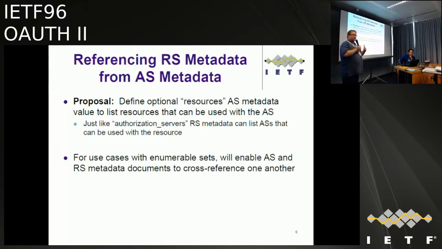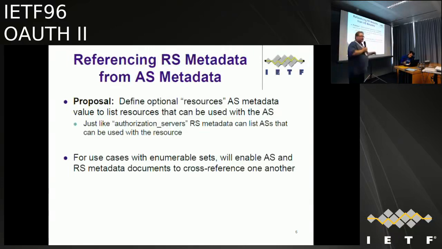So the other thing that should be unsurprising that Phil and I and Tony and a few others talked about was, well, if you can reference authorization servers from resources, you want to also be able to reference resources from the authorization server so that you have bidirectional validation, again, in the use cases where these things are enumerable. So this is, once again, a hopefully unsurprising thing that we would propose to do to the existing document.